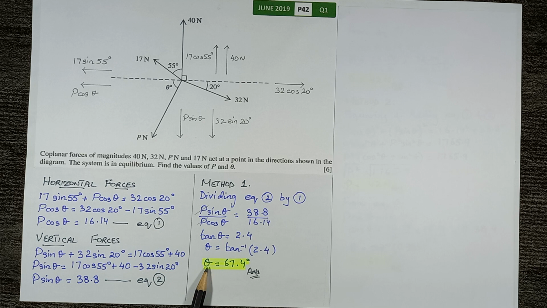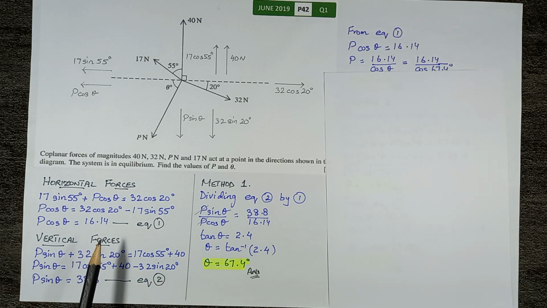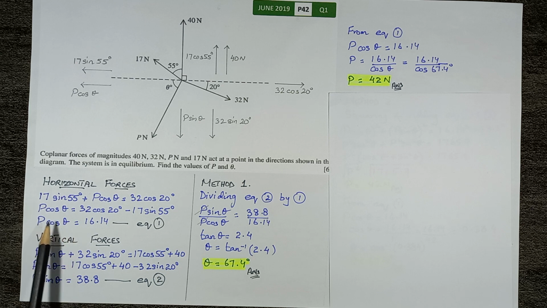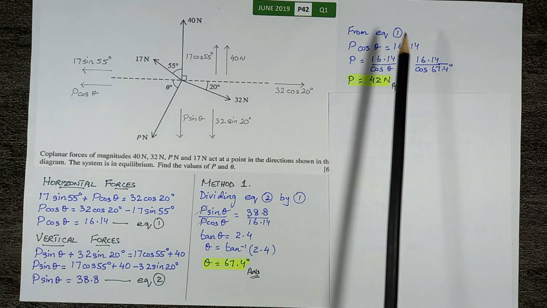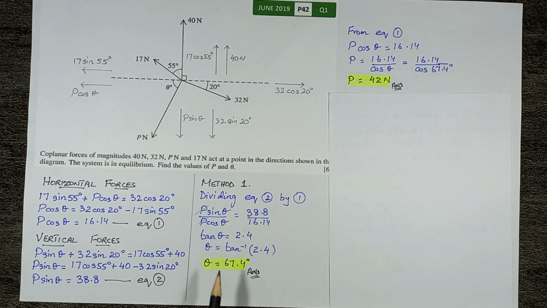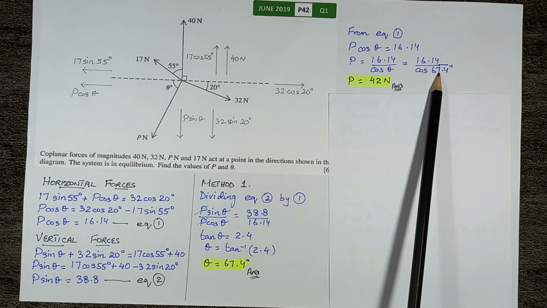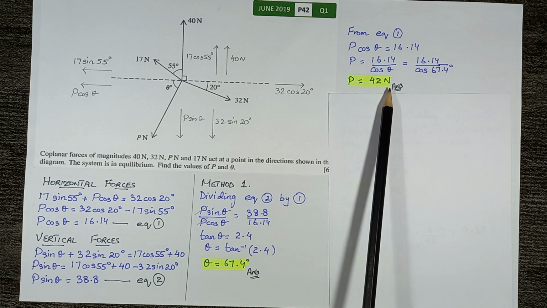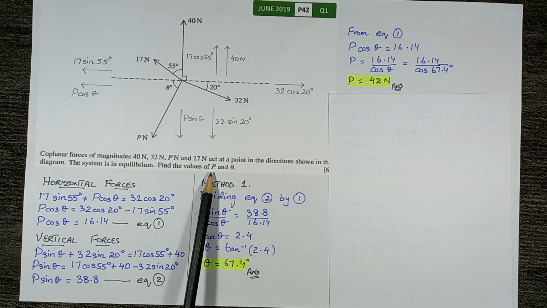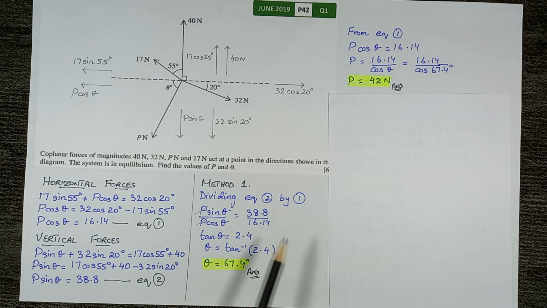Now placing this value of theta in either equation 1 or equation 2, for example equation 1, P cos theta equals 16.14, and dividing by cos theta, we get the value of P as 42 Newton, which was definitely asked in the question. So a very easy method.